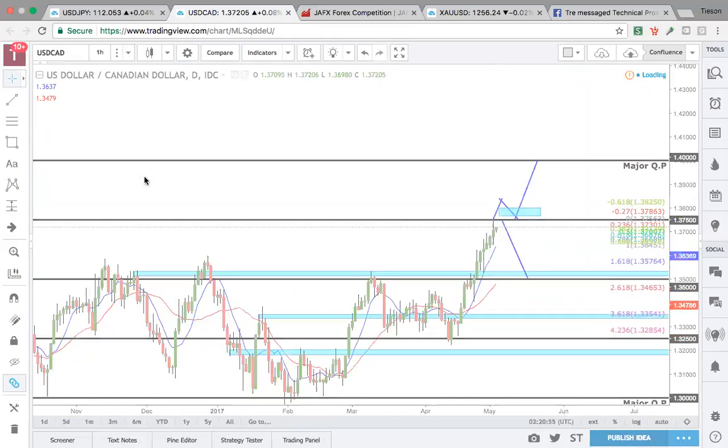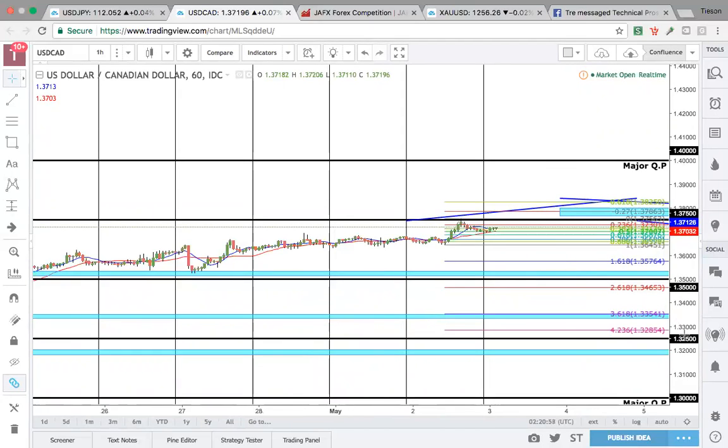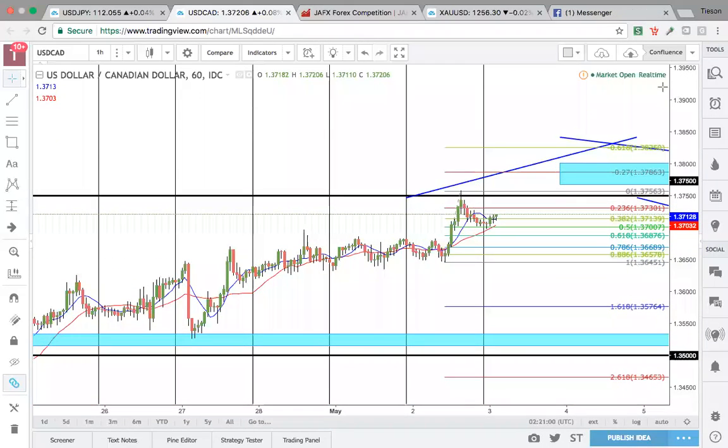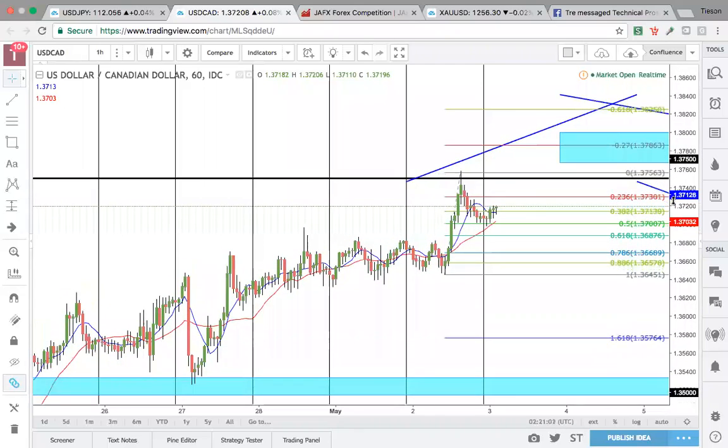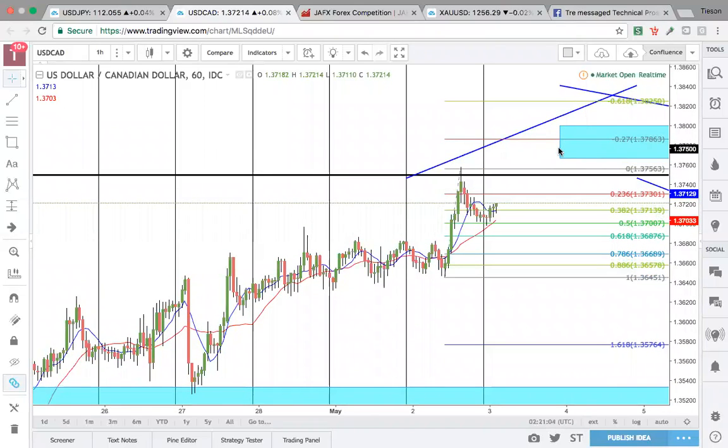So let's go back down to the 1 hour. And to answer your question, bearish confirmations would be things such as a bearish engulfing, like I said, evening stars. These are things that you can look up, things you can do your own research on.